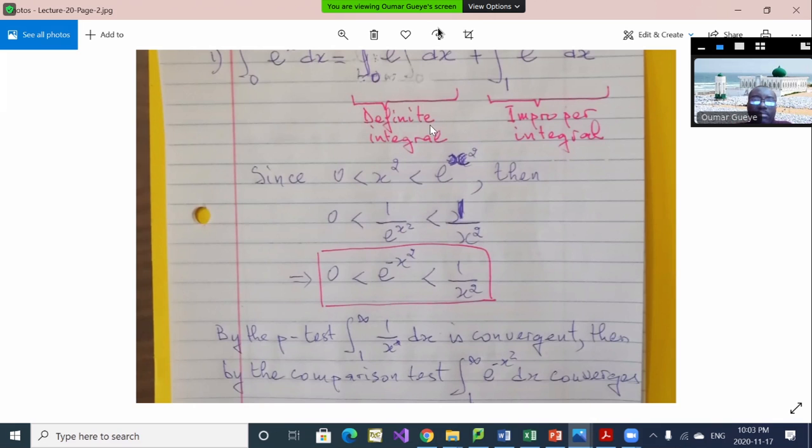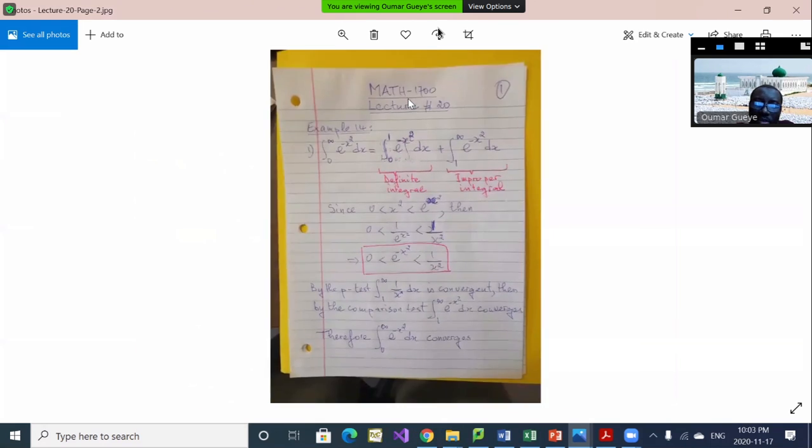Any question? Now what we proved is that this integral from 1 to infinity is convergent. To conclude, as I told you, if this integral is convergent and this one is already equal to a number, it means the whole thing here is convergent, and this is our conclusion.